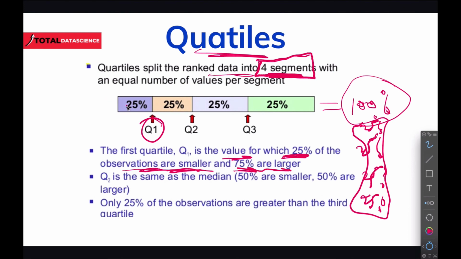You can see this is the Q1 over here, so only 25% of the data set is smaller than the Q1. Then from here all the way here comprises the 75%. So we have 75% of the data points greater than the Q1, and 25% of the data points less than Q1.